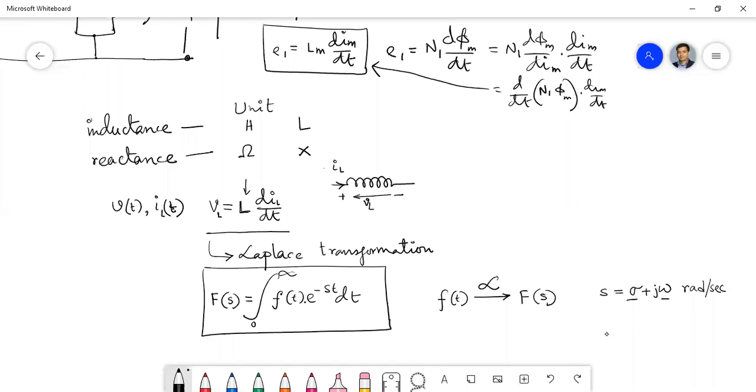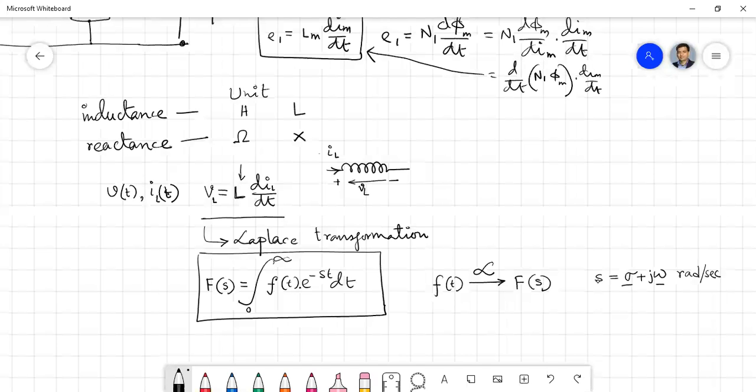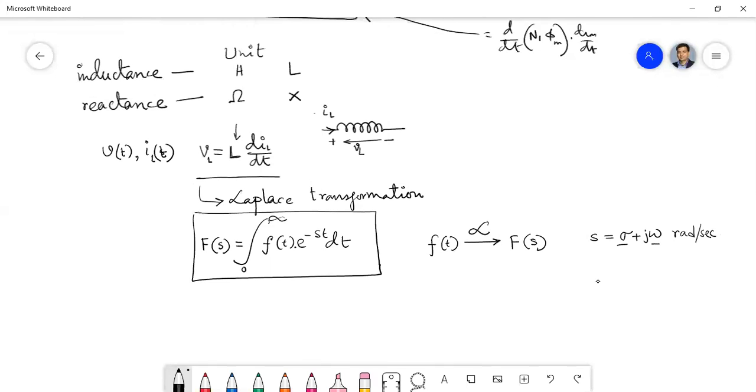Now when we take the Laplace transformation of any derivative, it becomes a function of s. Suppose VL was a function of t. When we go for the Laplace transformation, it becomes VL of s.